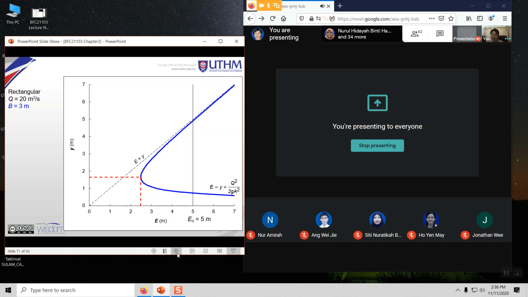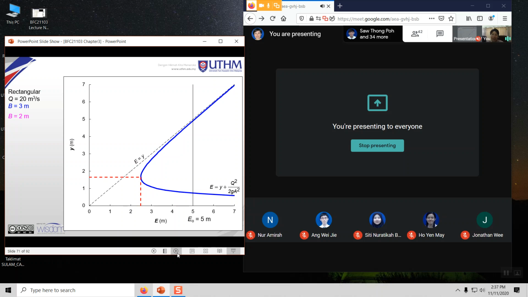For this case, because I didn't show my Manning or longitudinal slope or my Chezy expression, assume E0 is equal to 5 meter. That means the initial specific energy is 5 meter. Now, at location 2, I'm going to reduce the width of the channel to 2 meter.